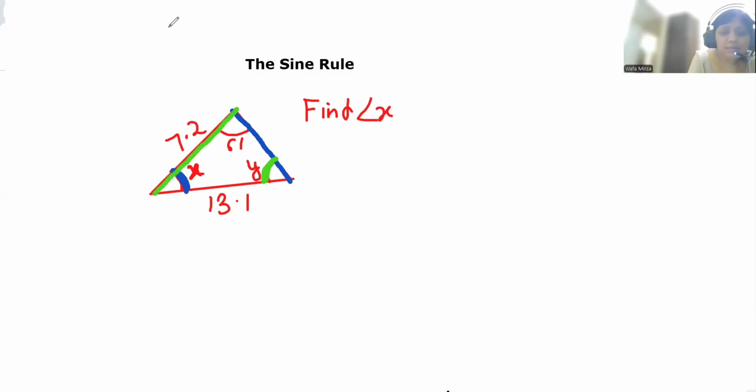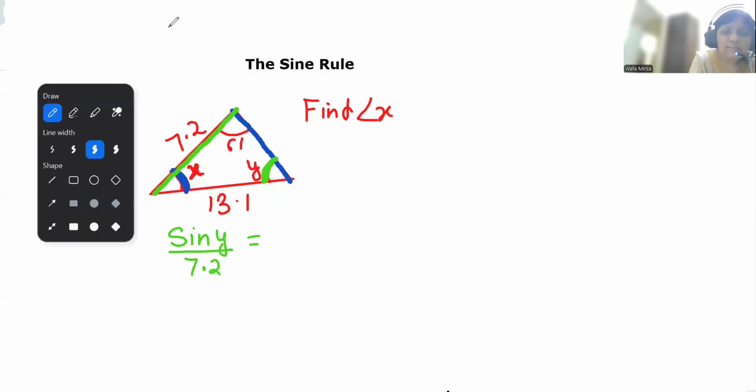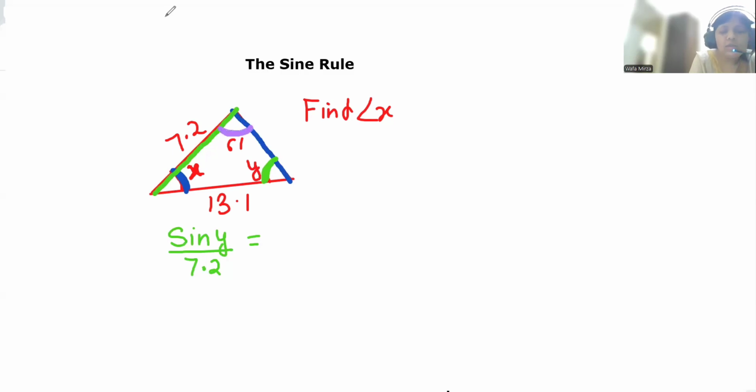So I will write sine y over 7.2 will be equal to, now I will use angle 61. The side opposite to angle 61 is 13.1. So sine 61 over 13.1.